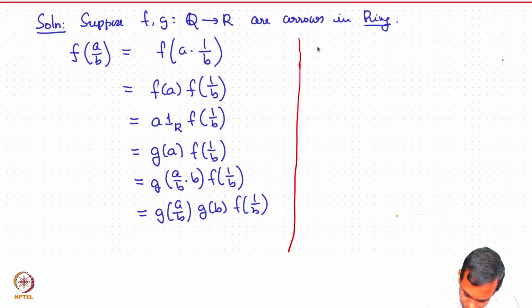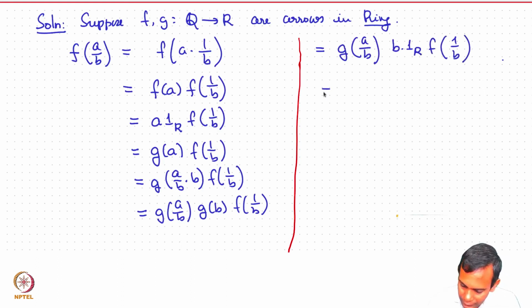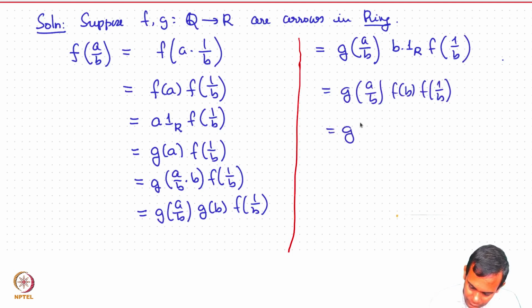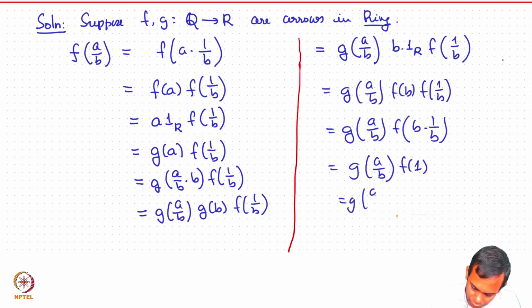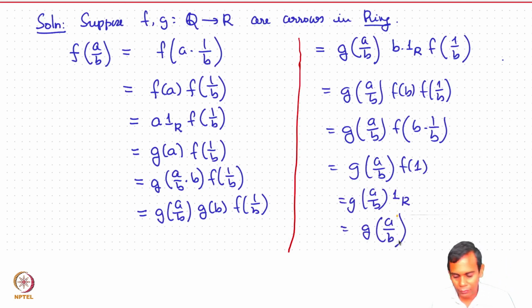Now G of B, as we've seen before, is B times 1 sub R. So this is G of A by B, B times 1 sub R, F of 1 over B. And so I can write this as G of A by B, and then F of B times F of 1 over B. That's G of A by B, F of B into 1 by B, which is G of A by B into F of 1, which is G of A by B into 1 sub R, which is just G of A by B. So what we see is that there's only one ring homomorphism from Q to any ring R. They are all equal.